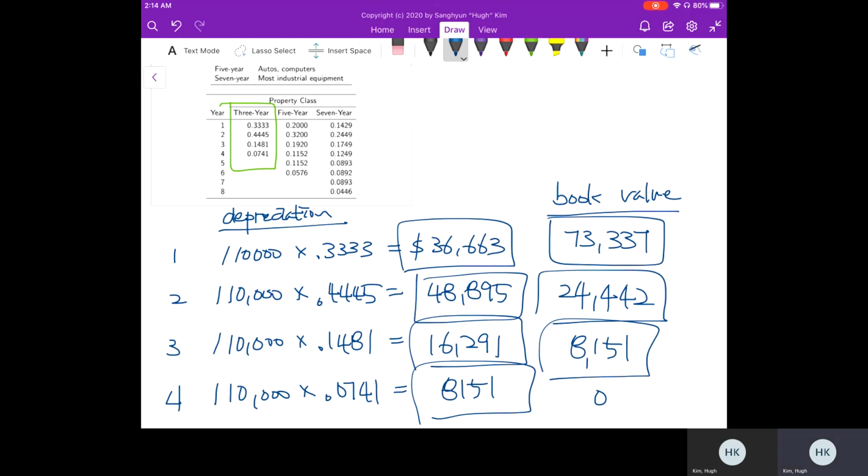So under the 3-year MACRS schedule, the book value of the asset will become 0 after 4 years. So the asset becomes worthless, at least on the books. So during the project life, the depreciation expense each year will be as shown here.